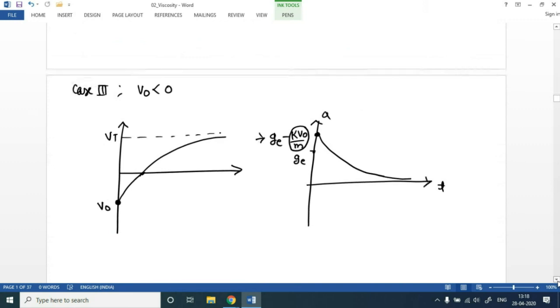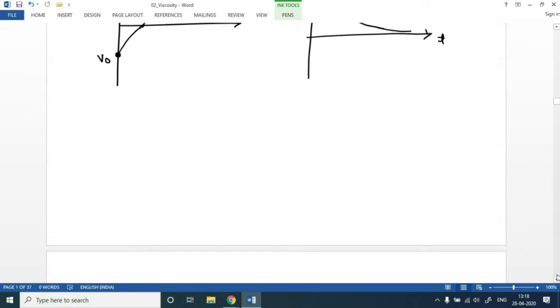That was case 3. Another important aspect of this problem is, once this body has achieved its terminal velocity, it continues to move with terminal velocity, and we wish to find the rate of heat generation.